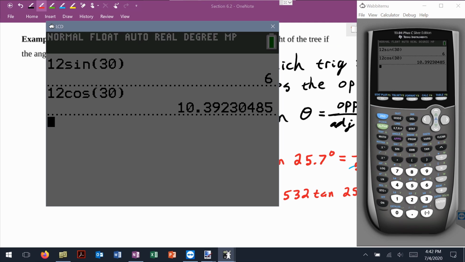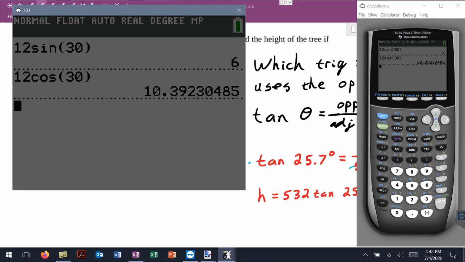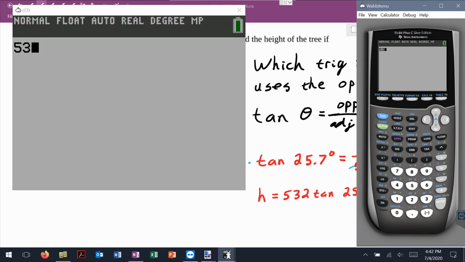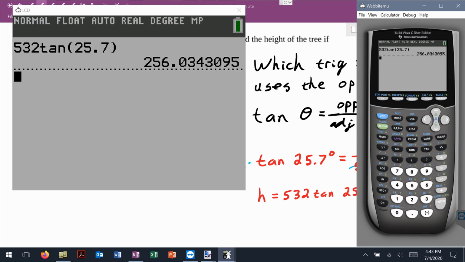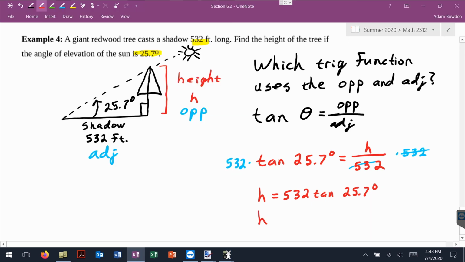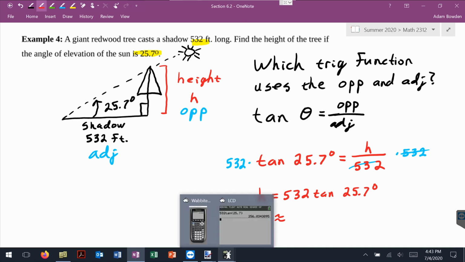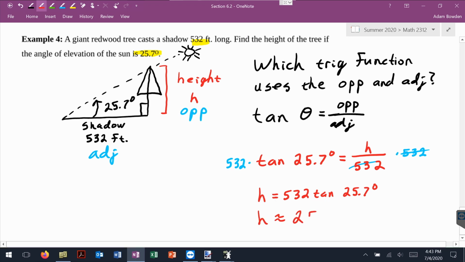And just to illustrate this one more time in the calculator, if we plug it in, 532 tan 25.7, again with degree mode, we get this much. We're just going to round that off to the nearest foot in this situation. So we're going to say that h is approximately 256 feet.